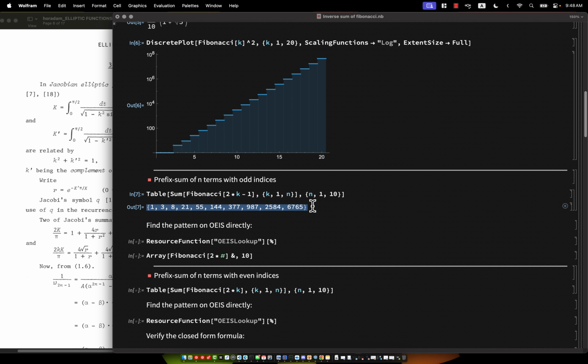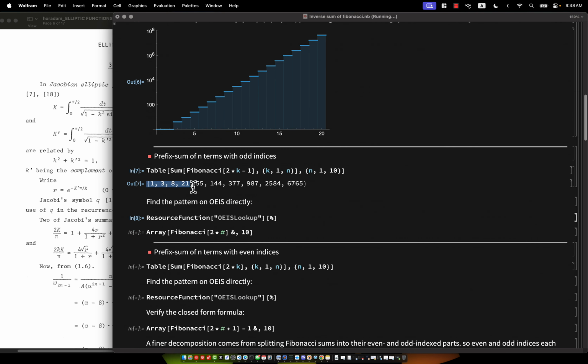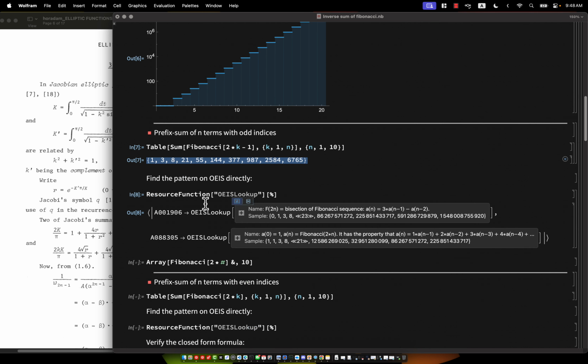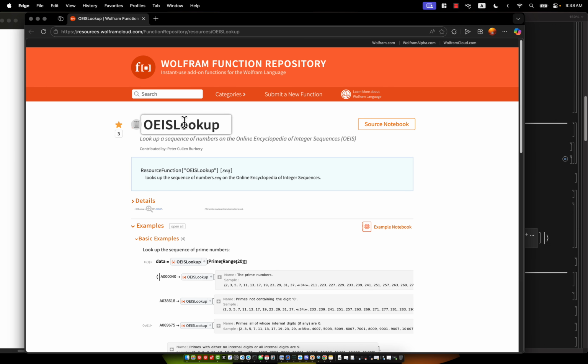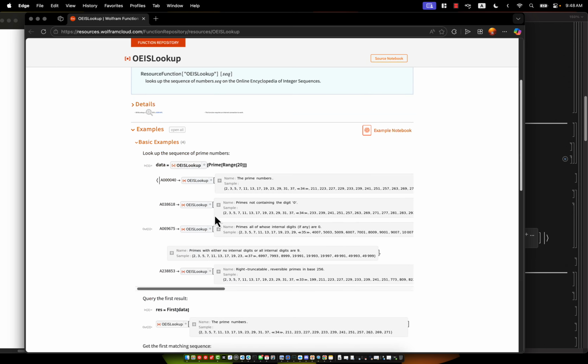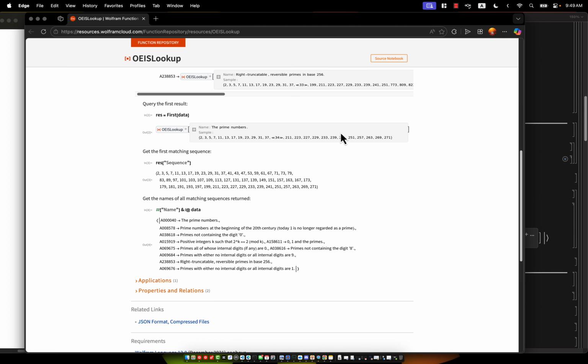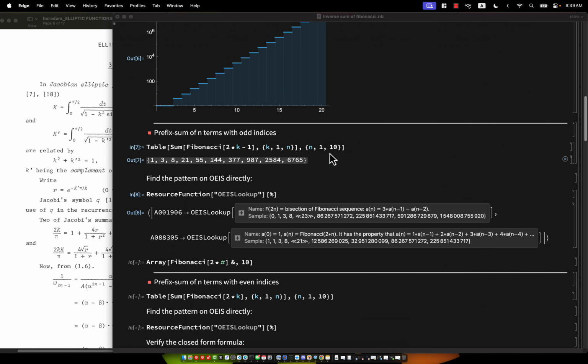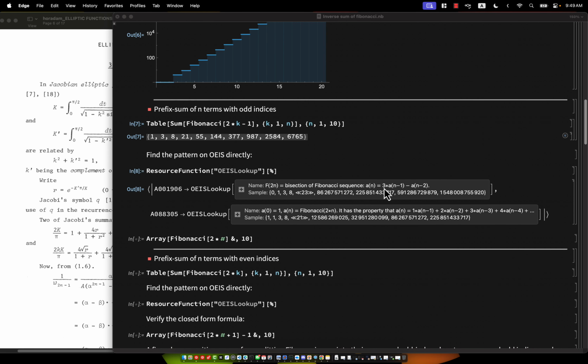We only pick up the prefix sum using odd terms, and then you can find the formula for this using a function that's available in the OEIS repository. It shows you the definition of these functions on the page. And usually on OEIS it comes with this type of formula for you if it is well known.